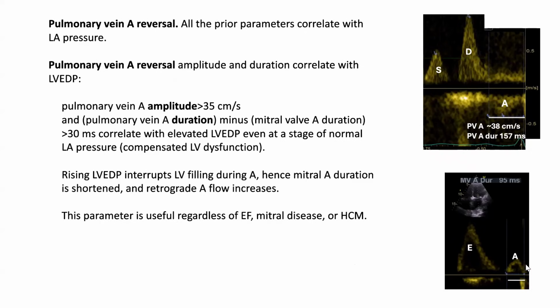Therefore, it will shorten the mitral inflow A duration, and it will create more retrograde A flow into the pulmonary vein. At the same time, it will increase the pulmonary vein A reversal amplitude and duration.